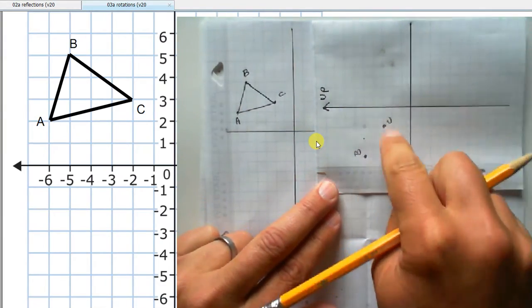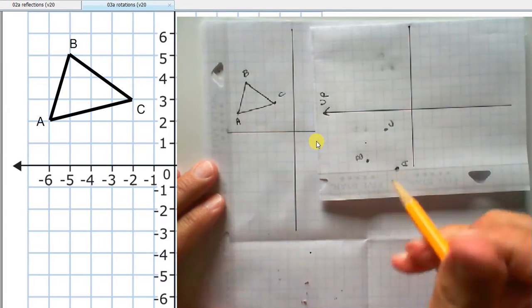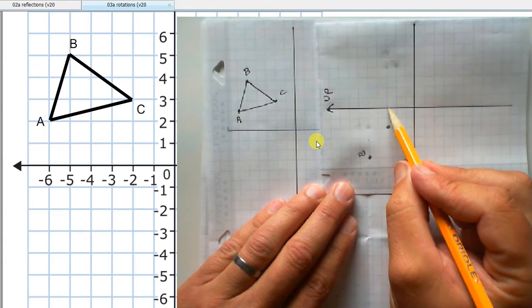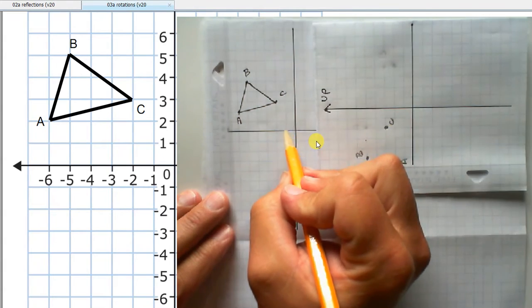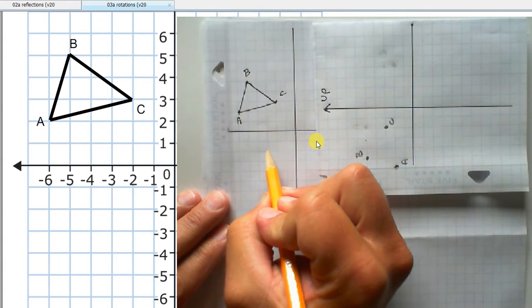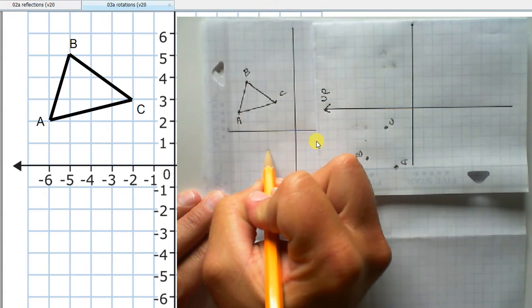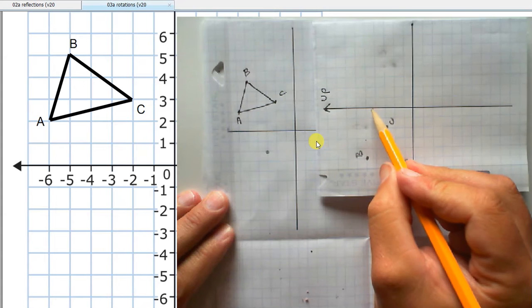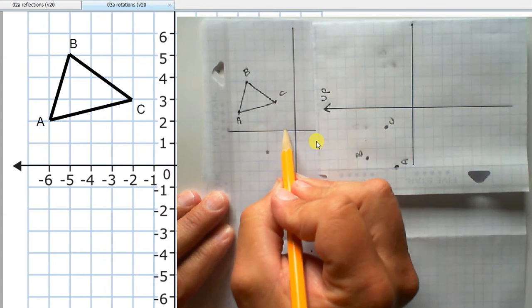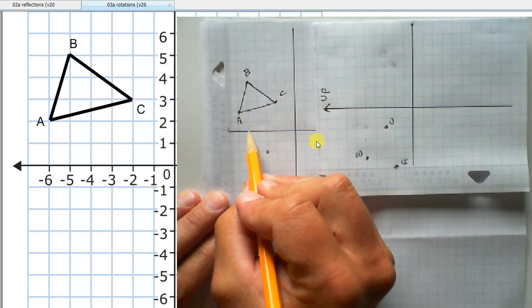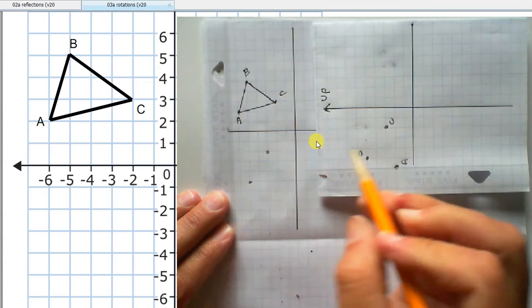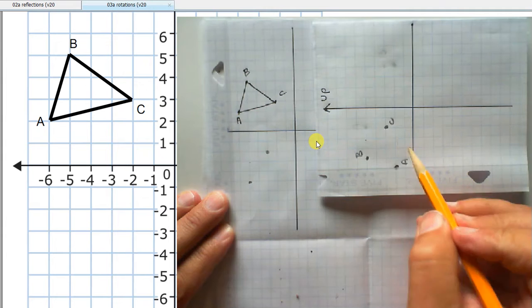Now I'm going to take each of these points and I'm going to put them right over here. Hopefully it fits. 1, 2, 3, 1, 2. 1, 2, 3, 4, 5. 1, 2, and 6.